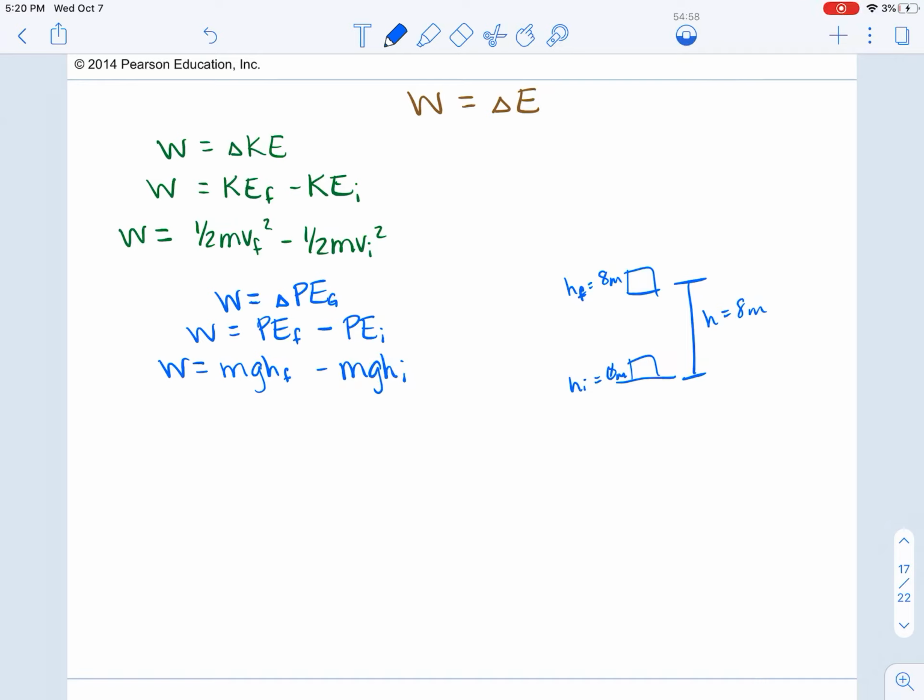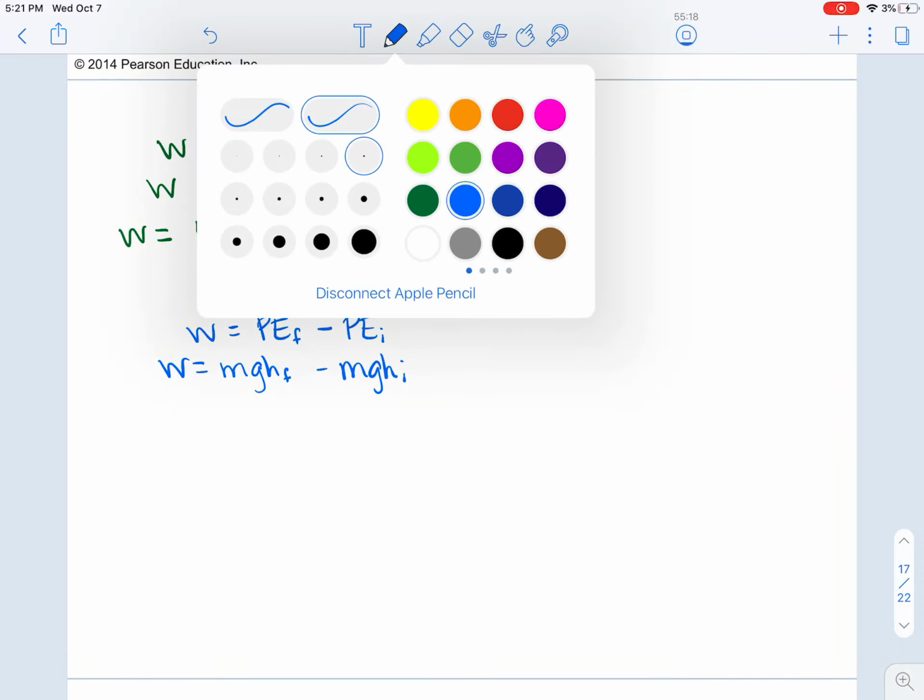But please do not get in the habit of assuming that, because what if our object is not starting off at ground level? What if we're starting at some position not the 0 meter mark? So be careful with that and make sure that you actually input those values for your positions in the vertical direction.